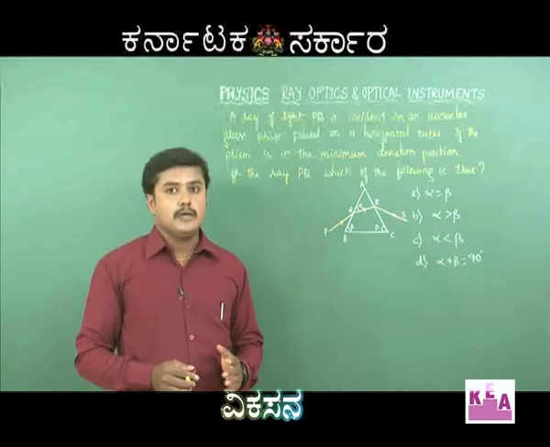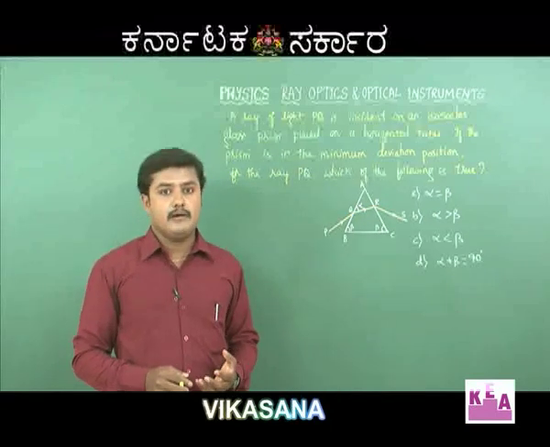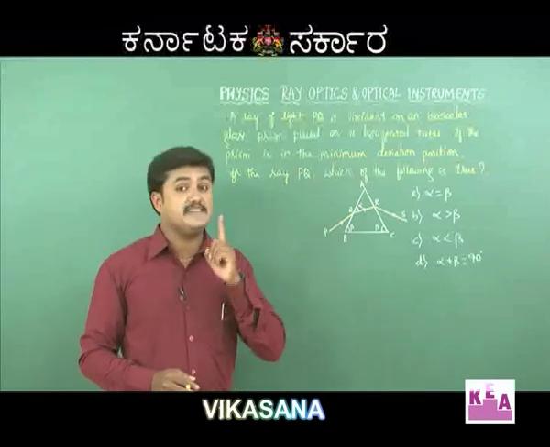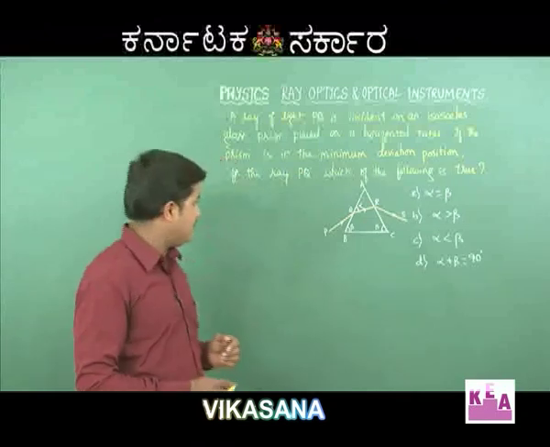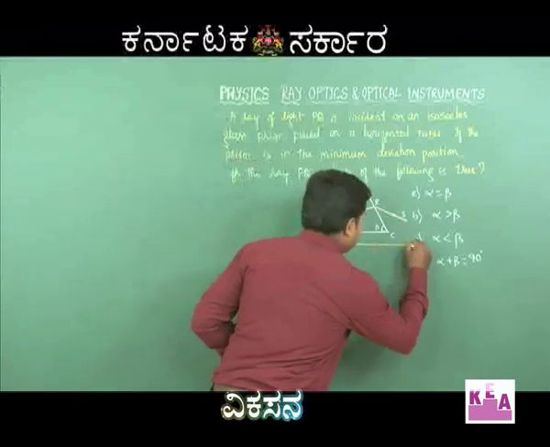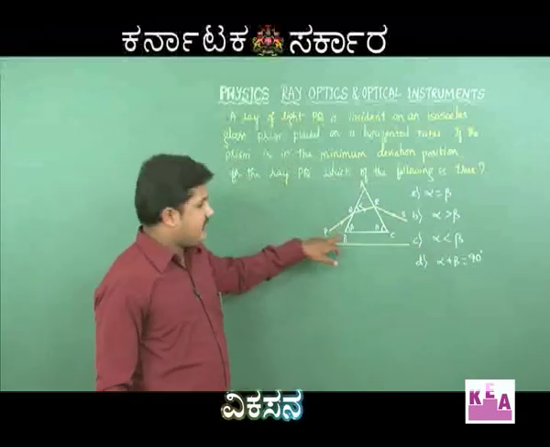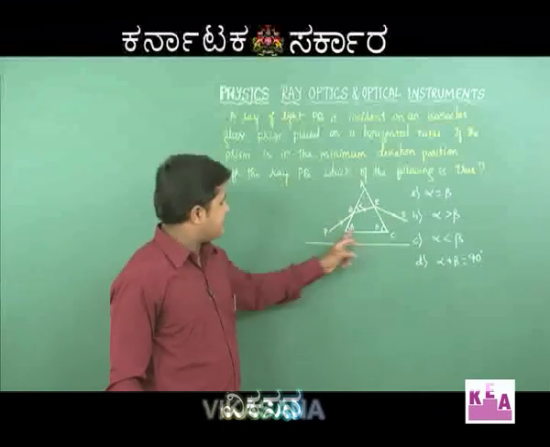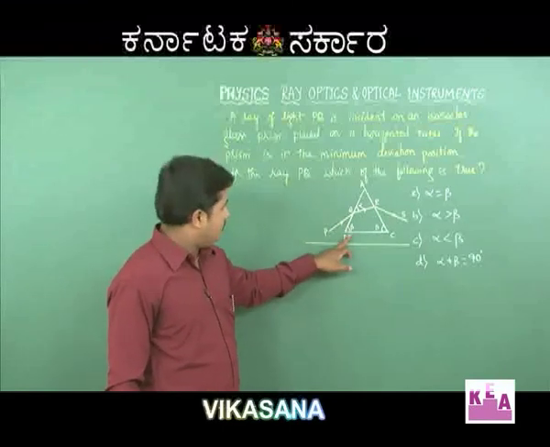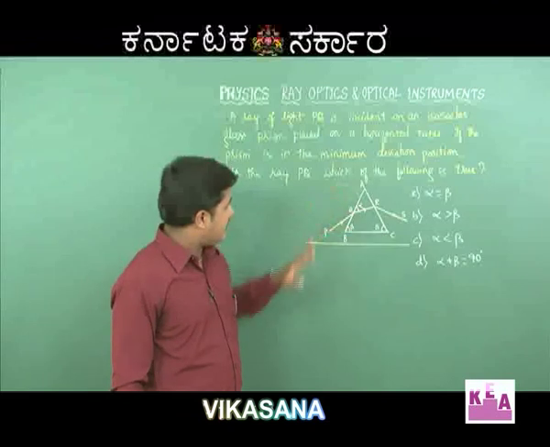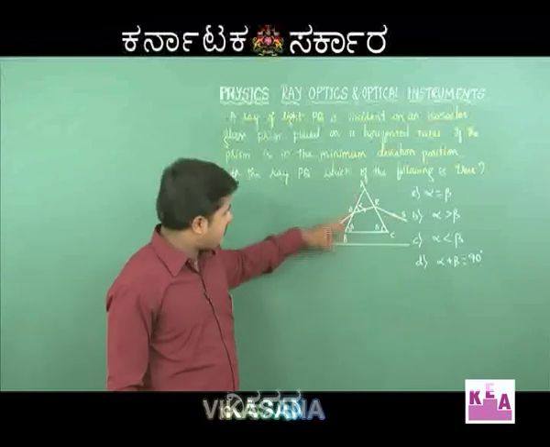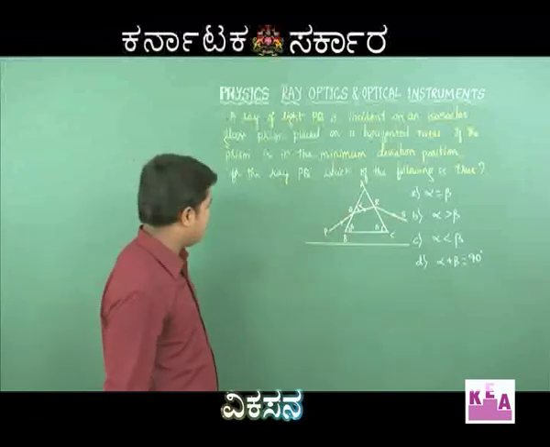You will have to know the important features which the prism exhibits when it is placed in minimum deviation position. Let us have a look at the given diagram. Since it is an isosceles triangle, these two angles are equal and this is alpha. And is there any connection between alpha and beta? That's the question asked.